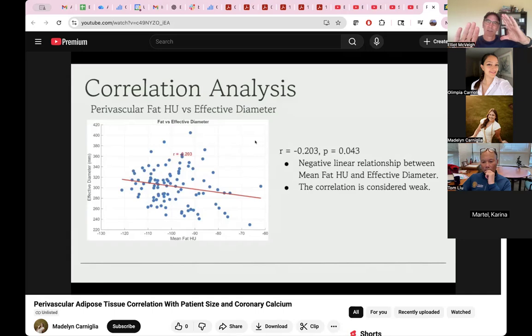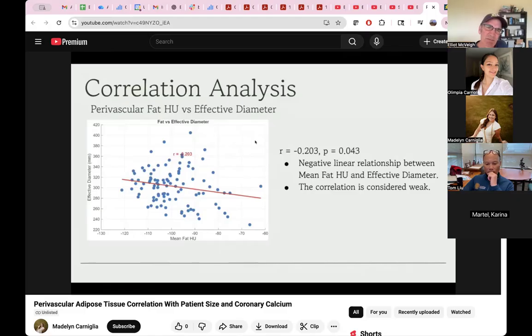So the Hounsfield units go down. And so here you're saying if the effective diameter of the patient gets bigger, there's more beam hardening, and so you're going to see lower Hounsfield units in bigger people. A trend towards that way. Physically, that could be what's going on here.